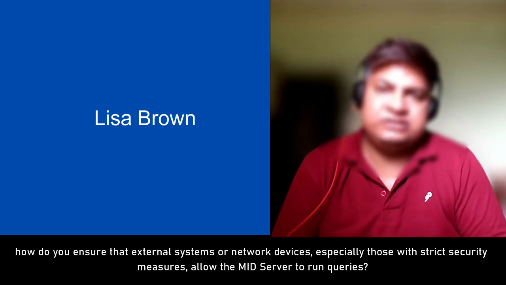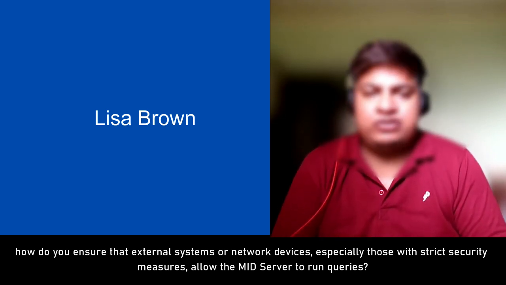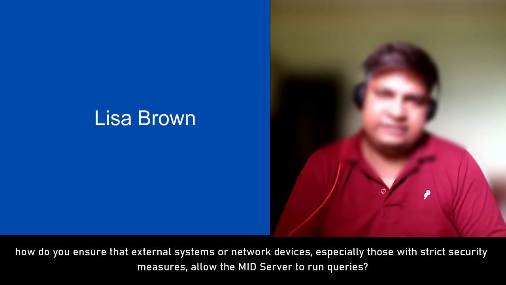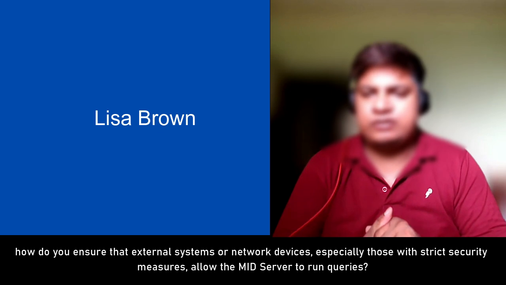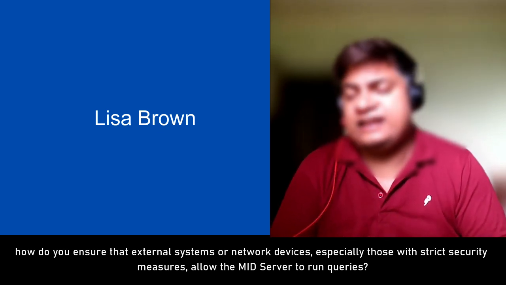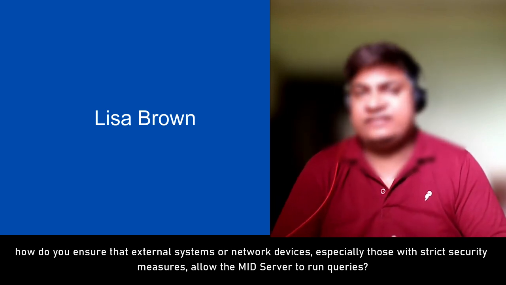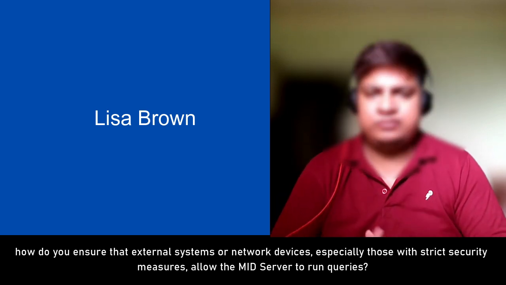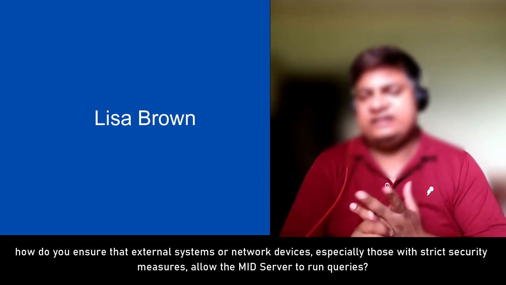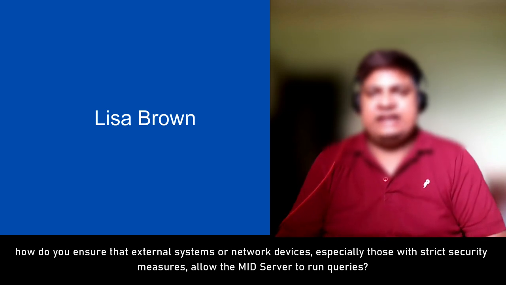This is the first option. Alternatively, you can install the MID server on a machine that already has access to these devices. So this is the second option. Like inside the DMZ, demilitarized zones, where external communication is restricted. So by using these two ways, you ensure that a MID server is able to run the queries and execute the commands properly.